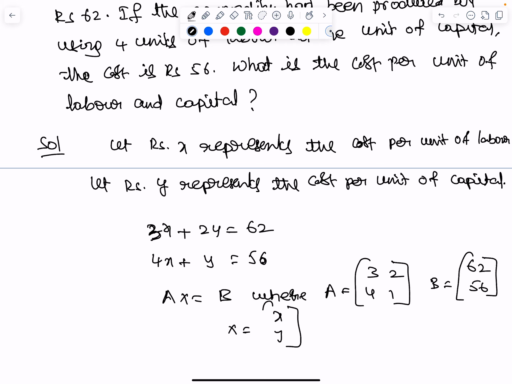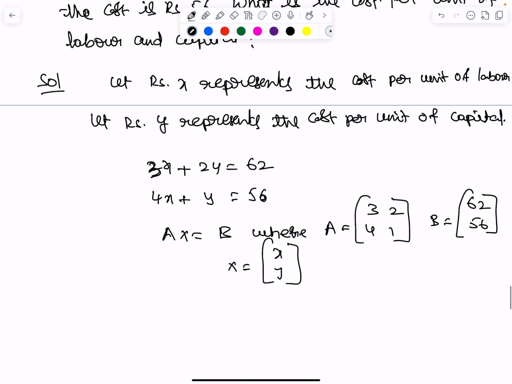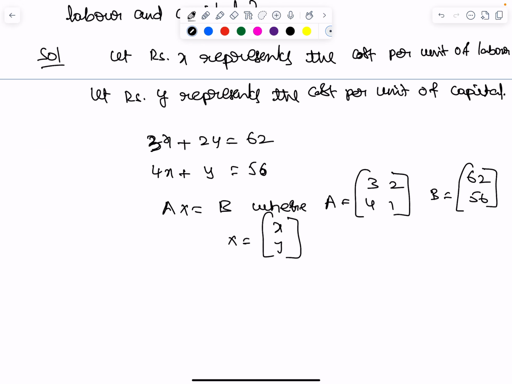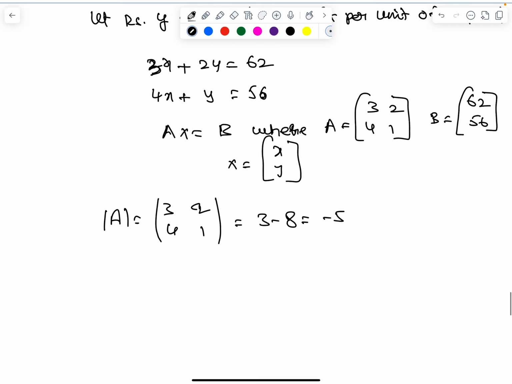According to Cramer's rule, we have to find the x and y values. Before that, what is the determinant of A? The determinant of A is 3 minus 8, which is minus 5. This is not equal to 0, therefore you can proceed.